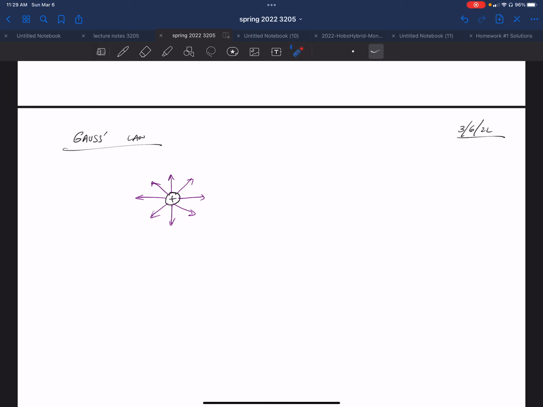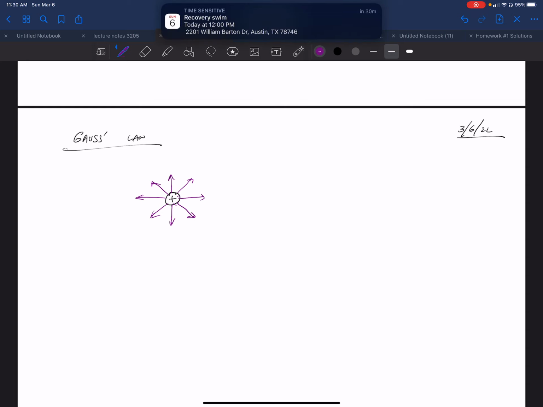The second is that the force coming out of a point charge has to be radially symmetric. I can't draw it lopsided, because if I rotated it, it wouldn't look the same. It's asymmetric, with more force here than there. So you have to draw the lines of force symmetrically.